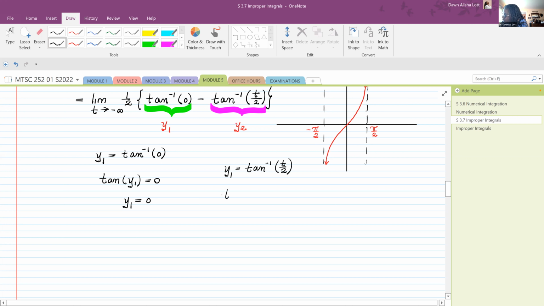That says the tangent of Y2 is equal to t over 2, or 2 times the tangent of Y2 is t.